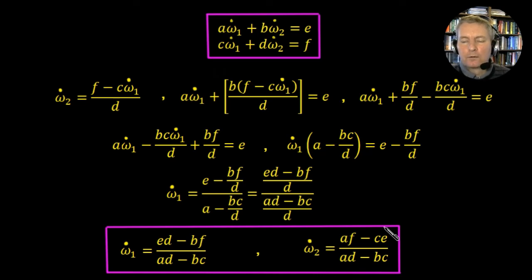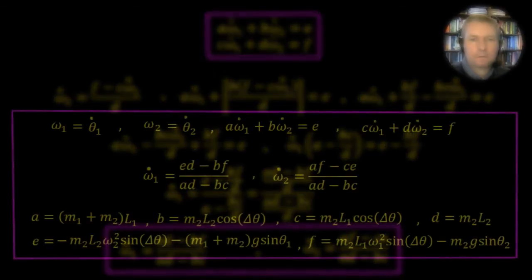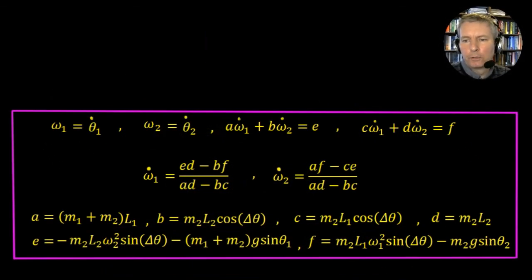What we'll do is we'll gather all of the equations together on the next slide. So this is us gathered all of our equations together. We started off with 2 second order differential equations. We've now got that down to 4 first order equations, and these are our 4 first order equations here. So we've got our omega 1 is equal to theta 1 dot, omega 2 is equal to theta 2 dot, we've got a omega 1 dot plus b omega 2 dot is equal to e, and we've got our c omega 1 dot plus d omega 2 dot is equal to f.